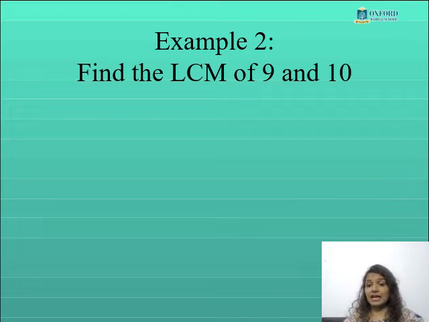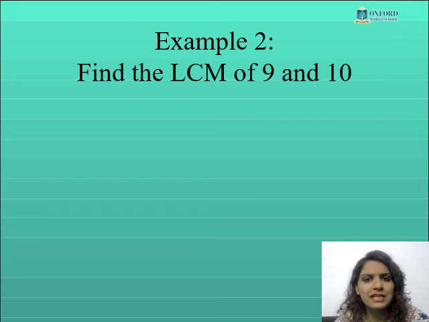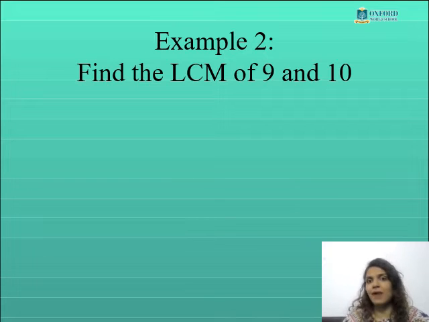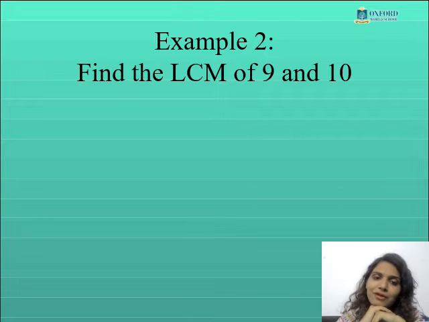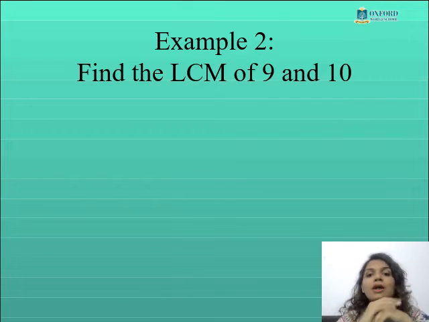Let's check out the second example. I hope the first example is clear to you, but still we need practice and practice because it is math. Now, the first step in this will be to write all the multiples of 9 and 10.